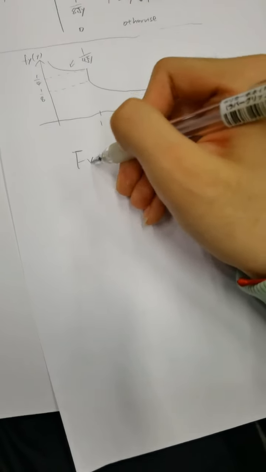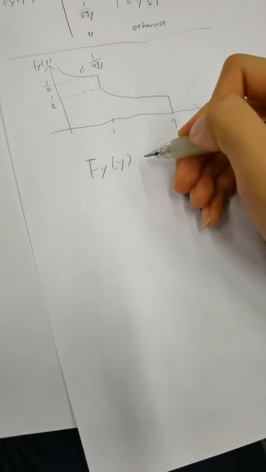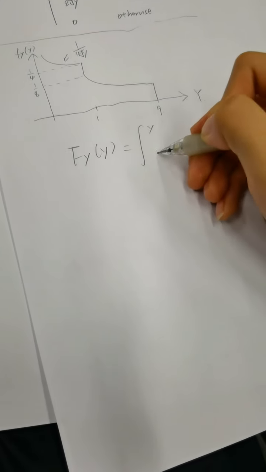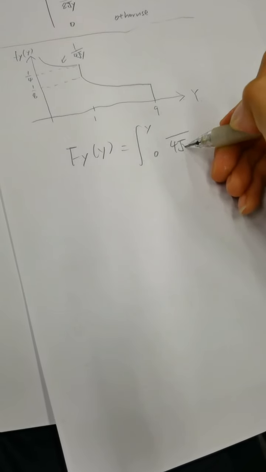When we get the small f(y), we can directly calculate the big F(y). Big F(y) for 0 to 1 is equal to this one.